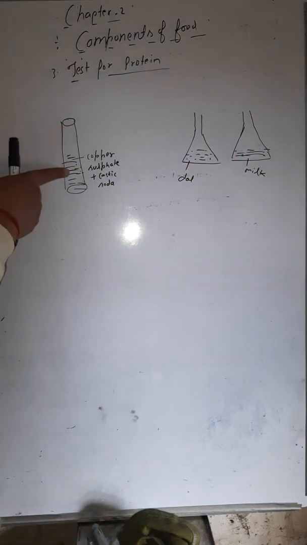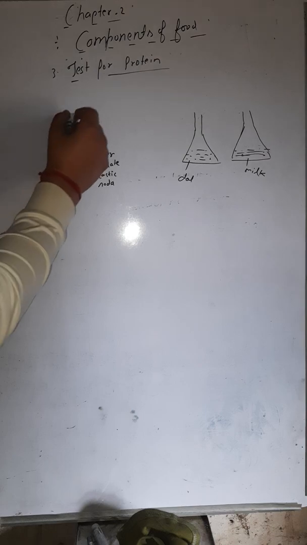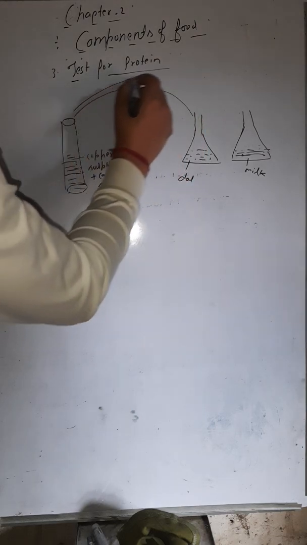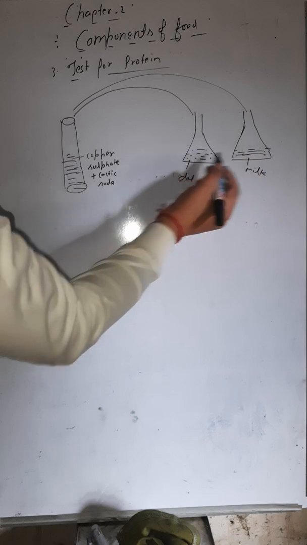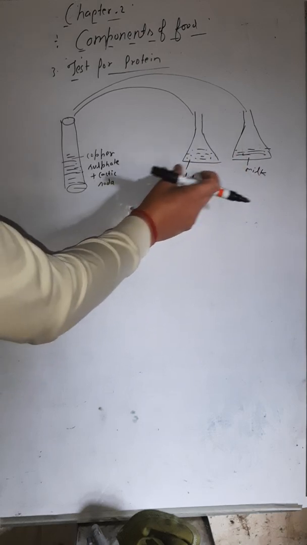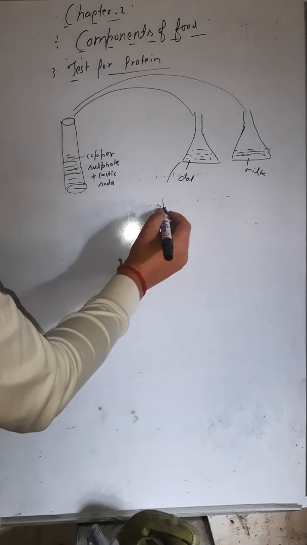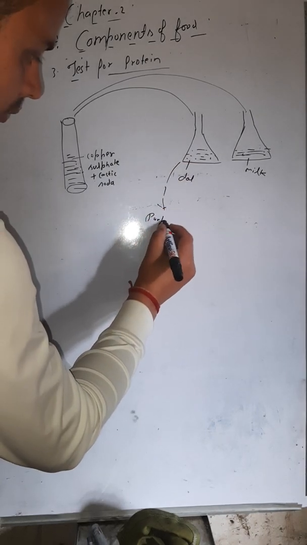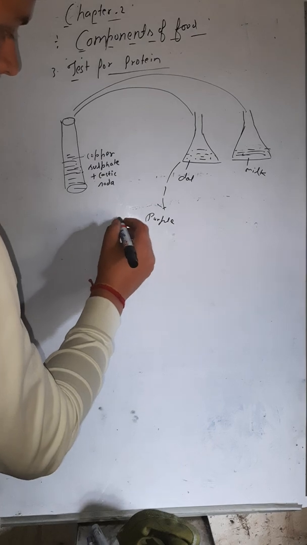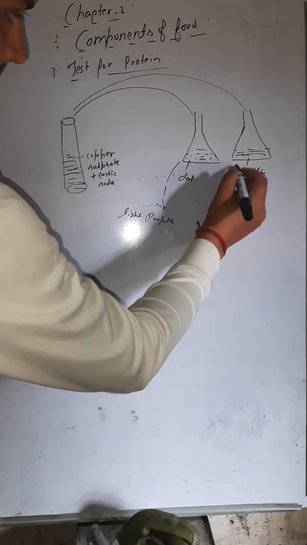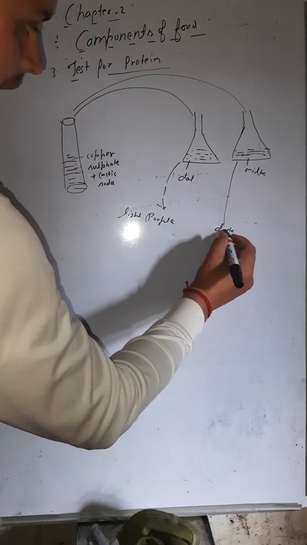When I pour a few drops of this solution in the dal and then in the milk, the color changes. The color has become purple, somewhere light purple and somewhere dark purple.